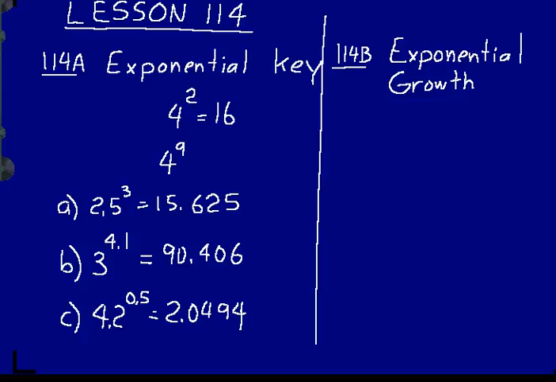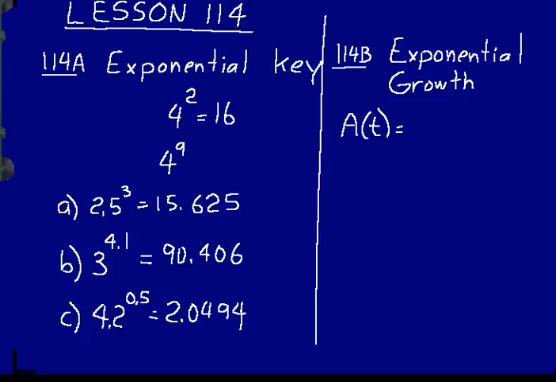Now, part B of this lesson is on exponential growth, and there are a couple of functions that we can use that deal with exponents. One of them is called the exponential growth function, and we can write that A of t. Instead of f of x, we just say A for amount of t, and t is dealing with time because we're talking about something growing over time.